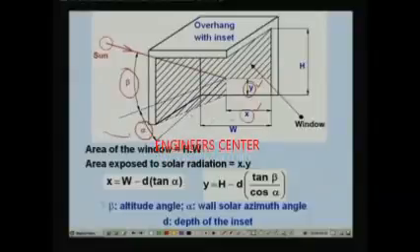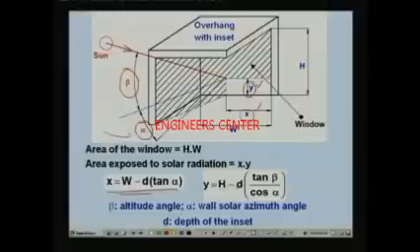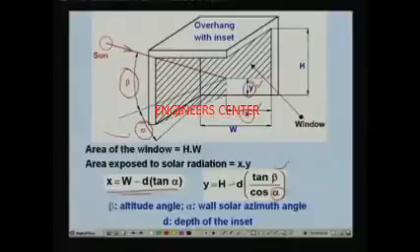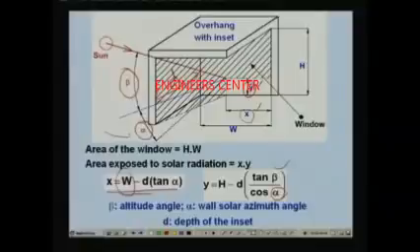At any point x is given by this relation, x is equal to w minus d into tan alpha, whereas y is equal to h minus d into tan beta by cos alpha. As I said, beta is your altitude angle, alpha is your wall solar azimuth angle, whereas w is the width of the window which is equal to the width of the overhang, and d is the depth of the inset, that means this dimension.